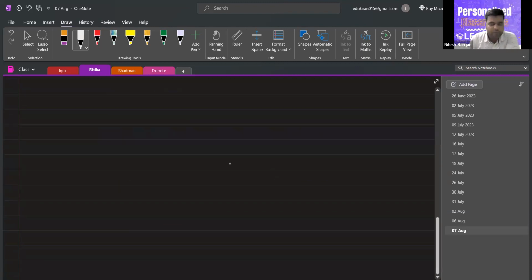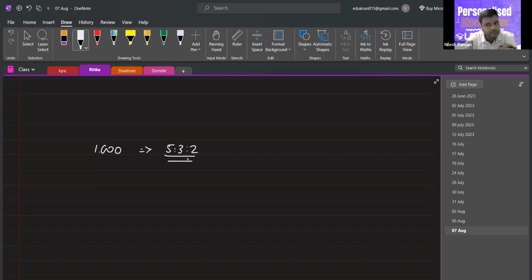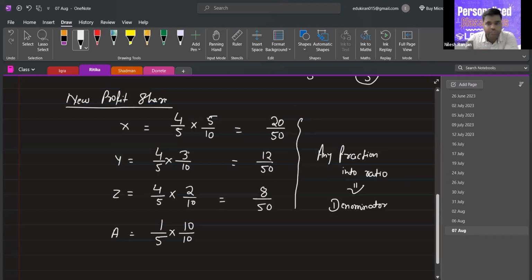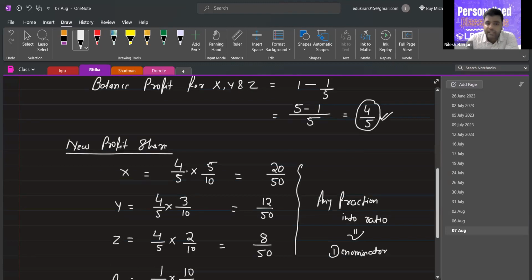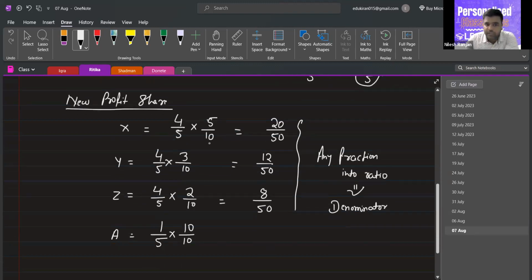Like if we have to distribute the profit, let's say there is a profit of 1,000, then how do we distribute it into 5:3:2? 1,000 into 5 by 10. Yes, exactly. We are distributing this balanced profit between X, Y, and Z. That's why we have to multiply it with 5 by 10, 3 by 10, 2 by 10. Clear? Yes, sir.